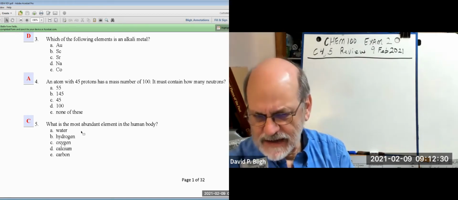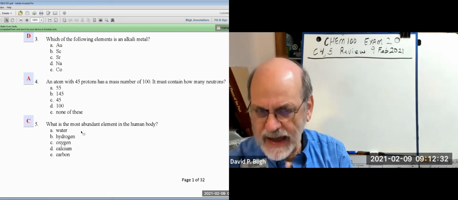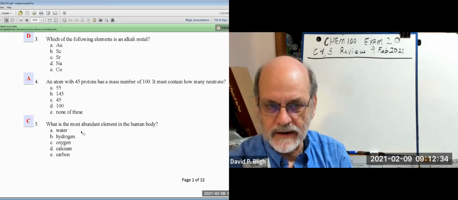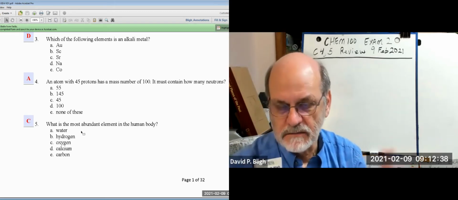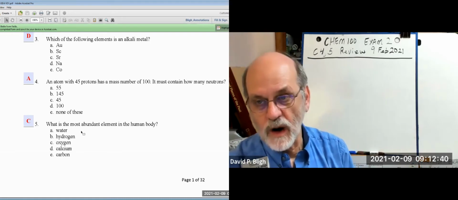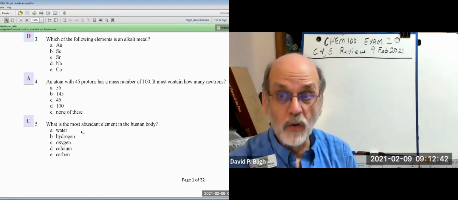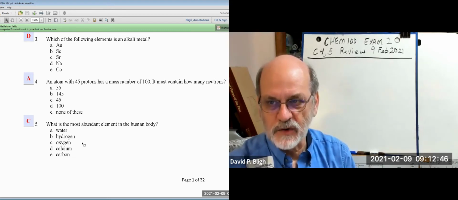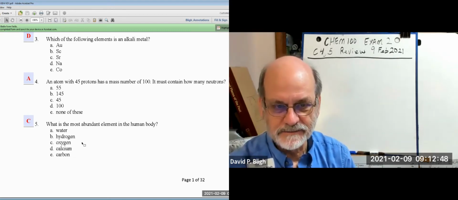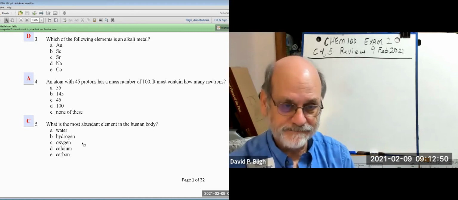And in this case, I would assume mass would be correct. First of all, the human body is over 60% water, right? H2O. So there's a clue right there that oxygen is the most common element in the human body, most abundant.